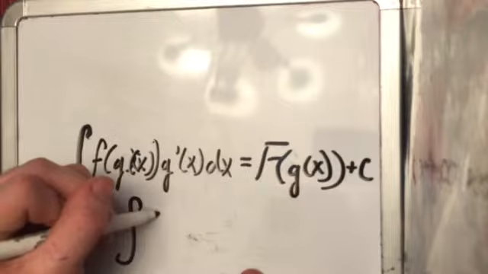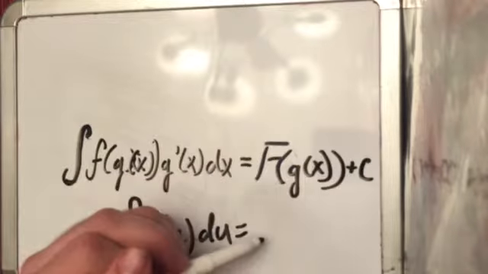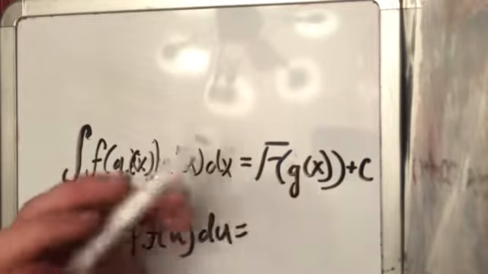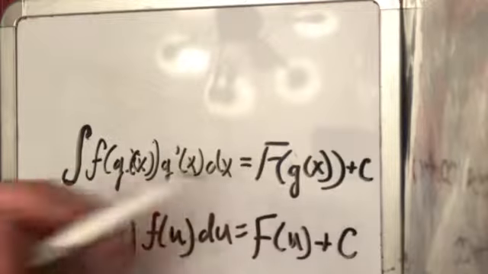And that would in turn give you the integral of f of u du equals F of u plus c.